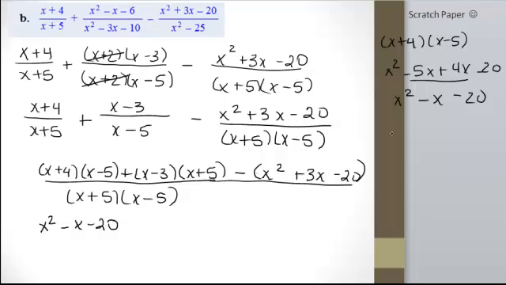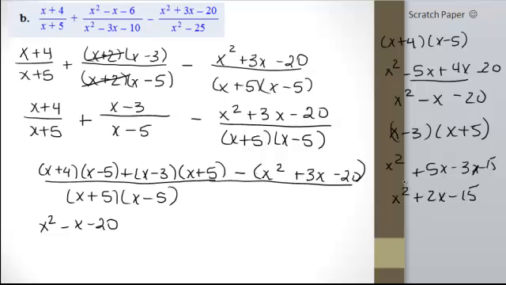Okay, now we have x minus 3 times x plus 5. That would give us x squared plus 5x minus 3x minus 15. Combine your like terms, so x squared plus 2x minus 15. And that's a plus, so we just bring it all down.